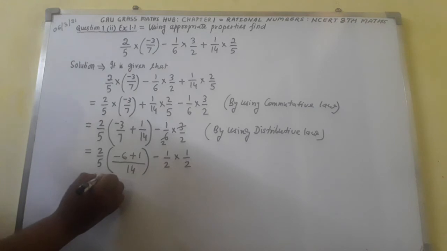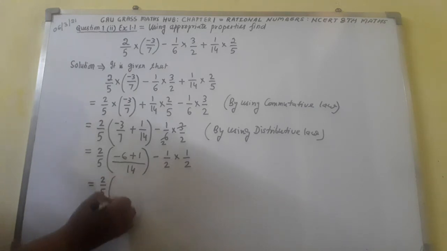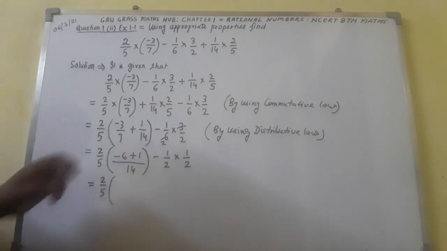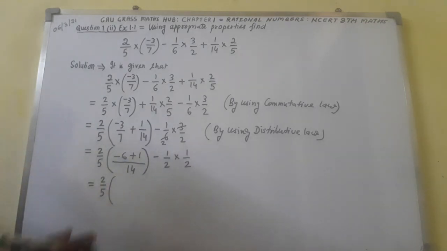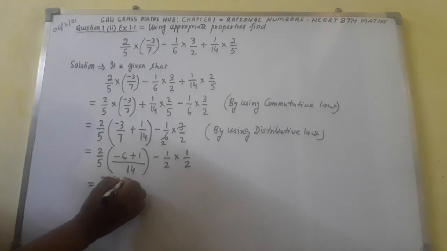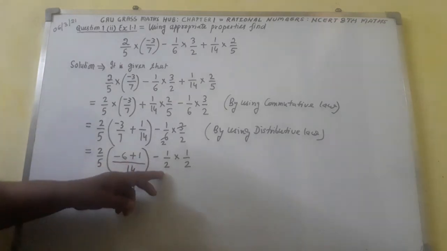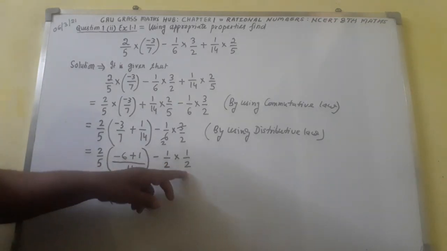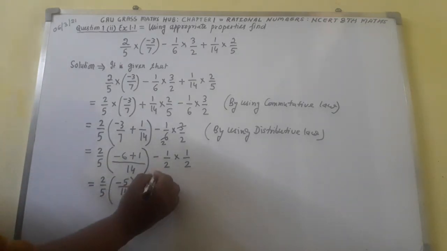Now I shall write equal to 2 over 5 into minus 6 plus 1, which comes out to be minus 5 over 14, minus 1 over 2 multiplied to 1 over 2, which comes out to be 1 over 4.